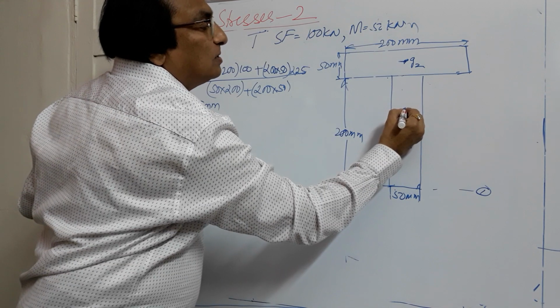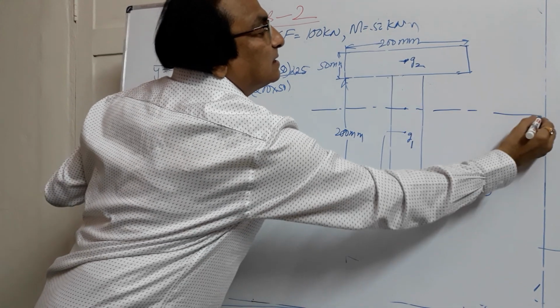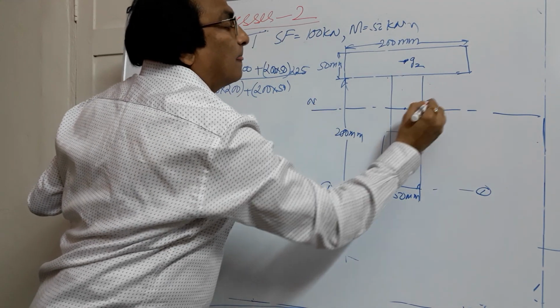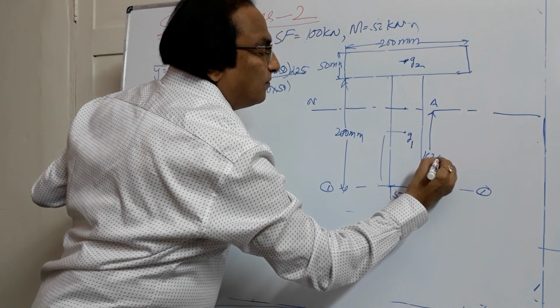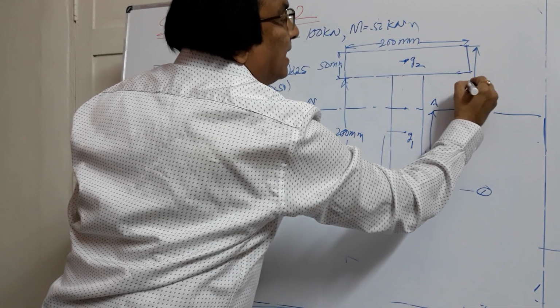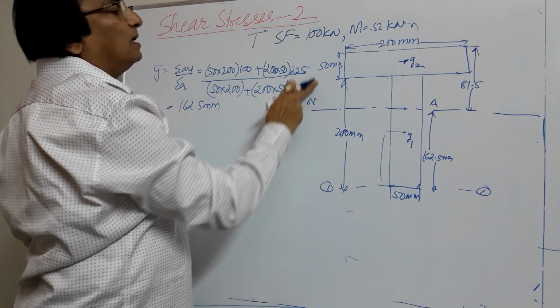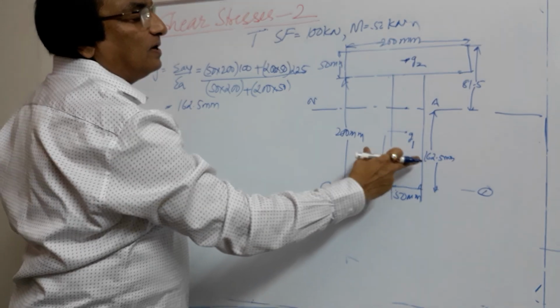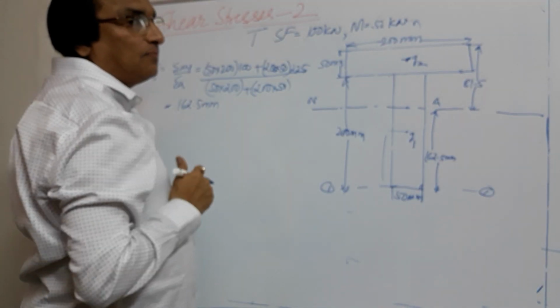So if this is the point somewhere here, if I draw an axis through that, this is our neutral axis, and the distance from the bottom is 162.5 mm. So from top it will be 81.5 mm, because total depth is 250. 250 minus 162.5 will give 81.5. This is the first step what we will have to do.